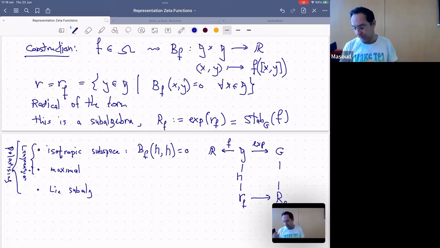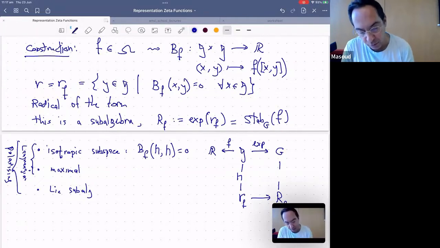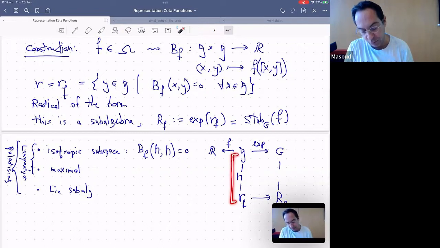And in my notes, I'm referring you to where you can find all the details. Many of them you can just do by yourself because it uses natural things. Now, such a polarizing subalgebra, as Davud said, is half of the dimension of the space. So what we have here, the quotient, is finite dimensional.